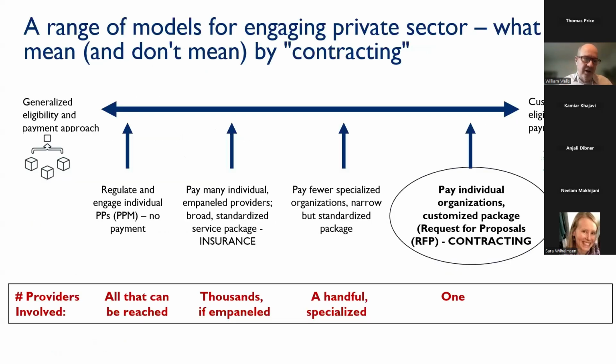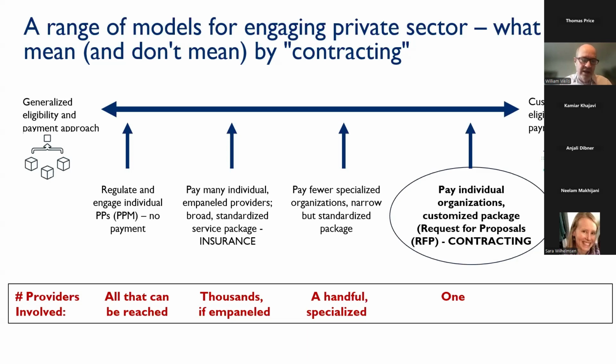On this second introductory slide, we again want to define exactly what we do and don't mean by contracting. On the far left-hand side is the most generalized engagement approach with the private sector. In TB, we call this public-private mix, or PPM. It really means reaching out to individual private providers, but usually there's no payment involved.